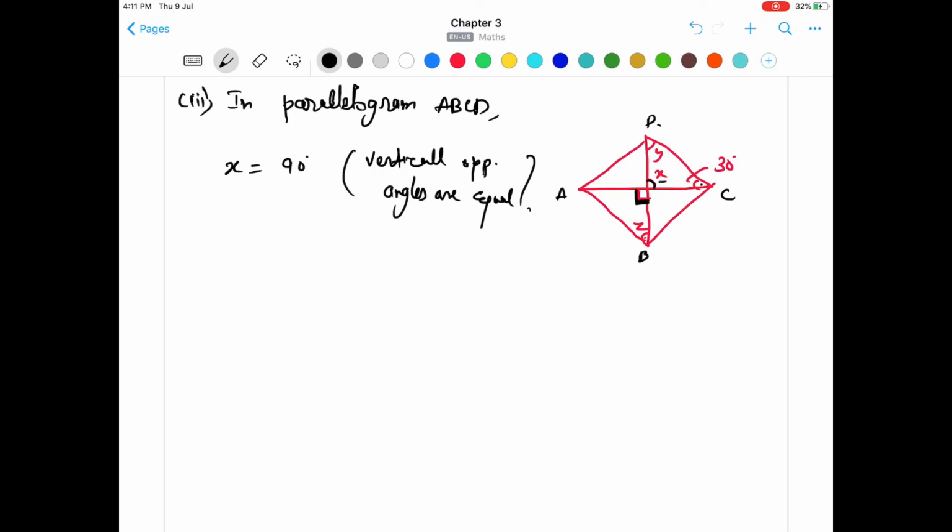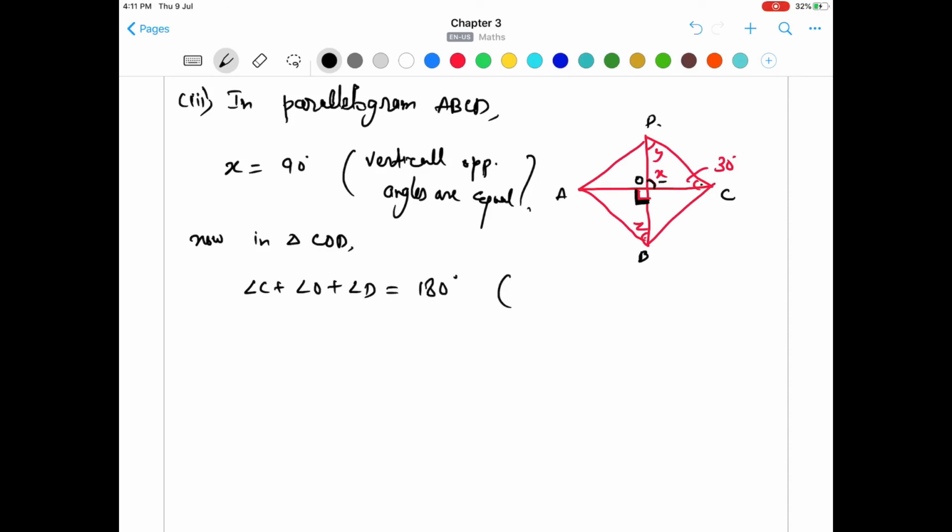So now we come to the triangle. Let's name this point of intersection of the diagonals as O. So now in triangle COD, the sum of angle C plus angle O plus angle D will be equal to 180 degrees.